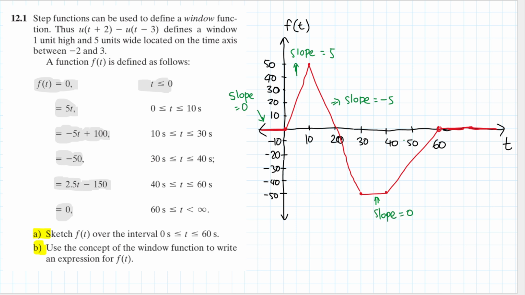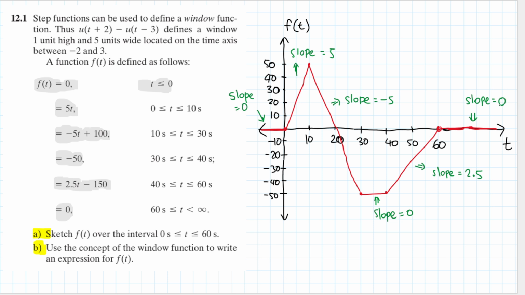For this part, the slope is 2.5, and then here the slope is 0.